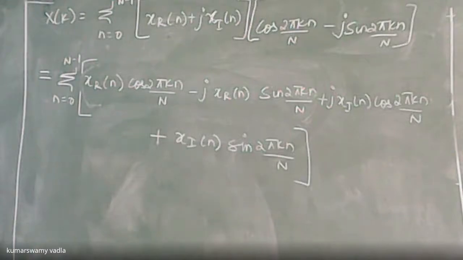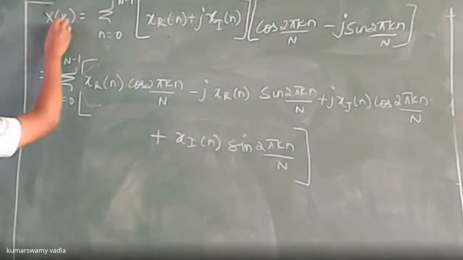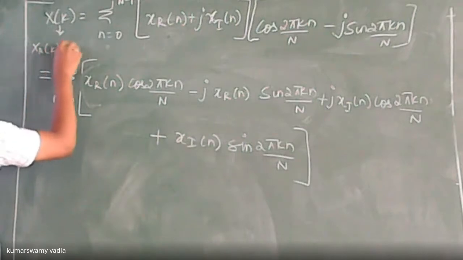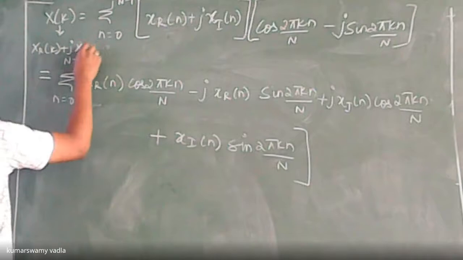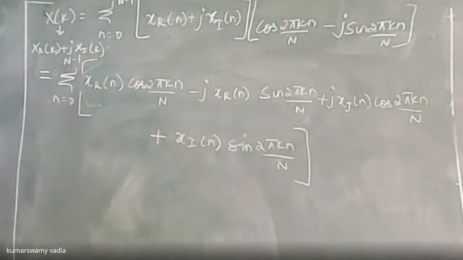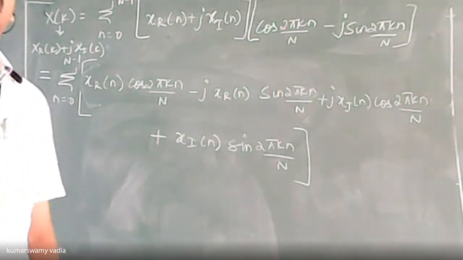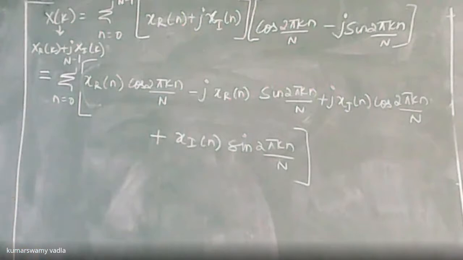Is the point clear here, students? Yes, sir. Now, what will be my X? On the left-hand side, X of k is Xr of k plus jXi of k.